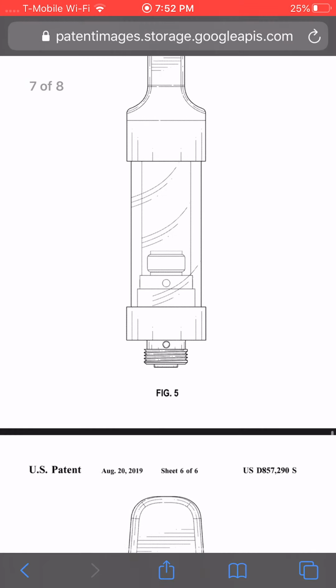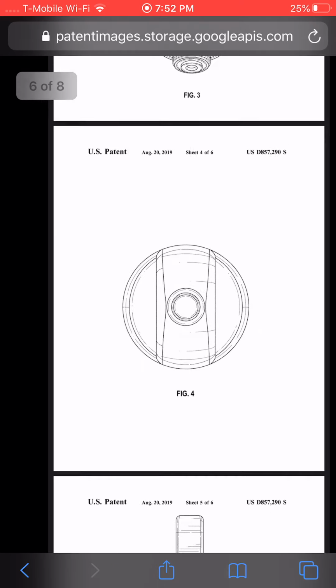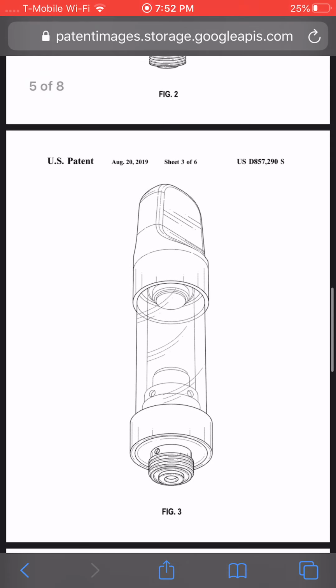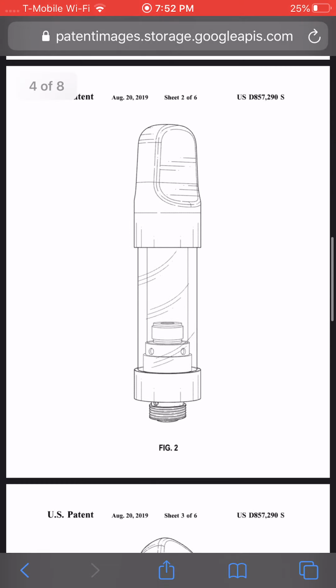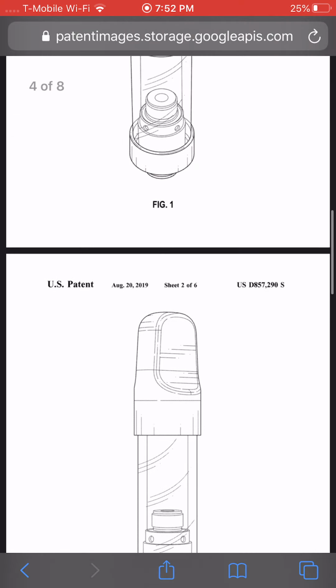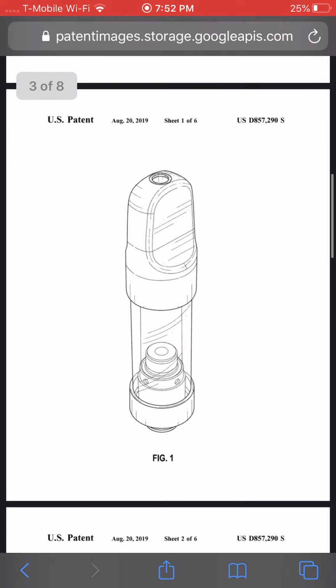You're required to enable a reader to make something that looks like this, and so in order to do that, you have to give them enough drawings that they know exactly what it looks like. And there are ways of making this sort of broader or narrower.